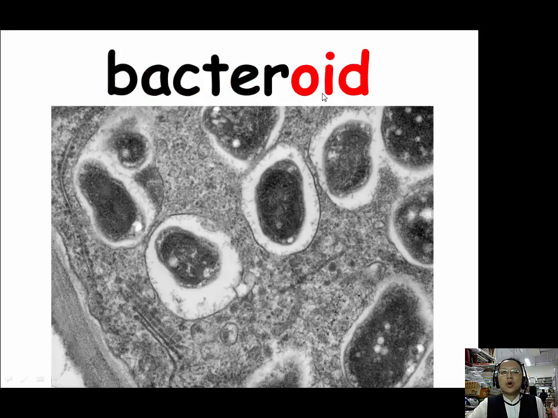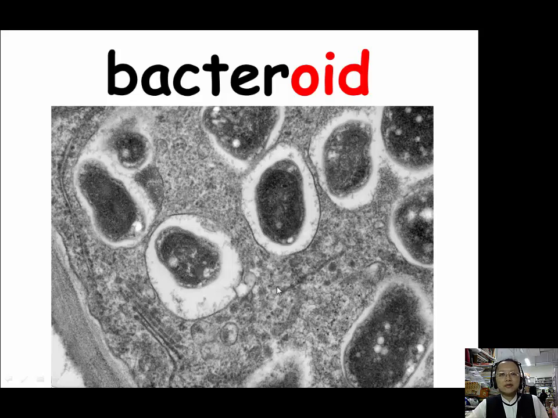For the suffix OID, our example is bacteroid. What is a bacteroid? In this picture, the bacteroid means a symbiotic form of the nitrogen-fixing bacteria Rhizobium.